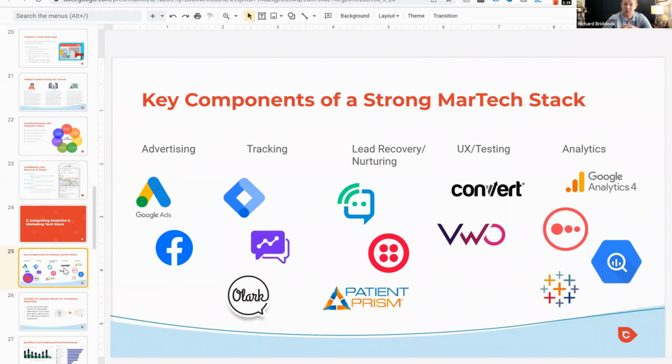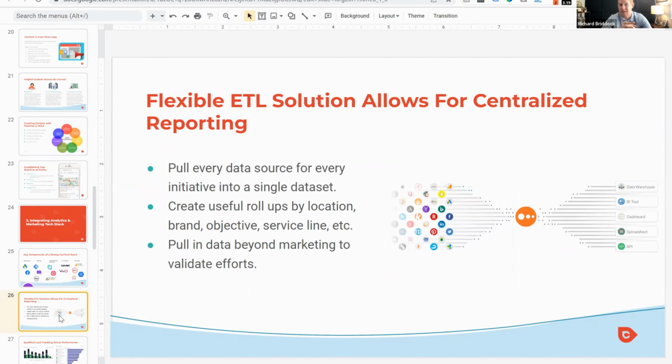And so especially if you have a complex setup, if you go to the next slide, Lauren, one of the things you're definitely going to want to have, if data points are really important to you, which they are for most businesses these days, and you have to report out to higher ups and C-suites and stakeholders in the board, is a really strong ETL solution, right? A reporting solution that can ingest the data from all the different platforms that you utilize, whether it be advertising platforms, analytics platforms, live chat, call tracking, whatever it might be that you're using to drive your marketing efforts.